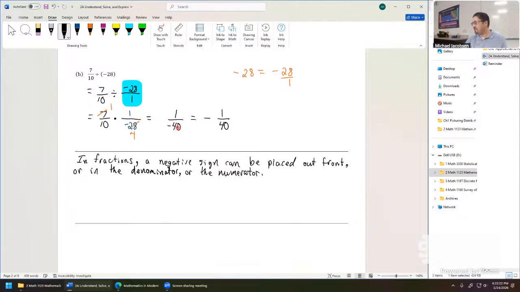Numerator, sounding it out helps. So if we wanted, we could take that negative sign and place it on top and rewrite the whole problem as negative 1 over 40. It turns out no matter how you write it, all three versions are correct. And I'll never be picky about where you throw the negative sign.